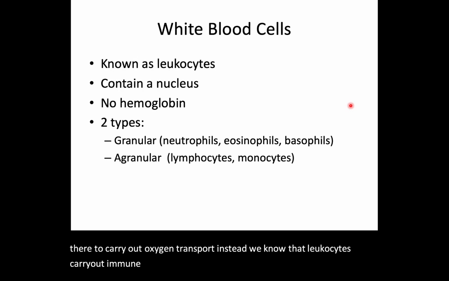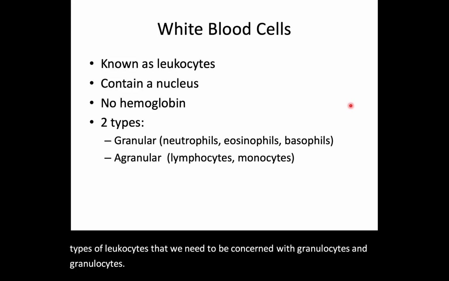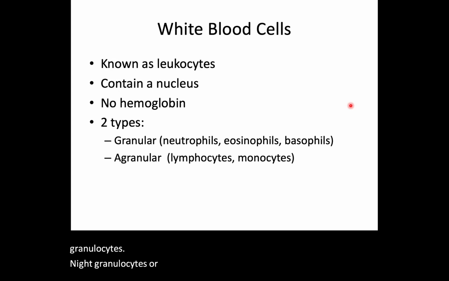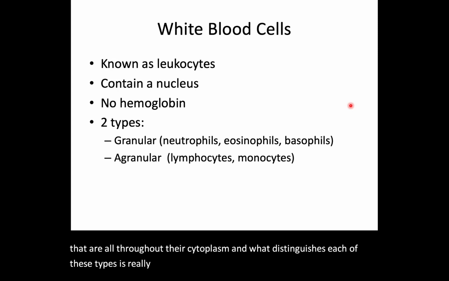And we know that we have two types of leukocytes that we need to be concerned with. Granulocytes and agranulocytes. Right? Granulocytes or granular leukocytes have little tiny protein granules that are all throughout their cytoplasm. And what distinguishes each of these types is really the shape of their nucleus.